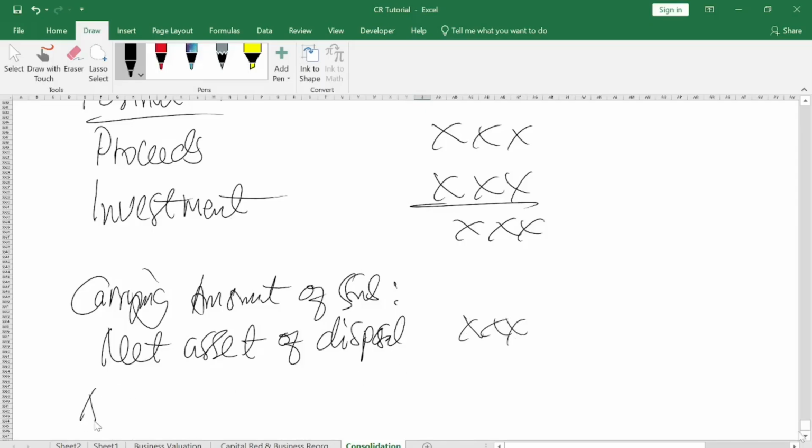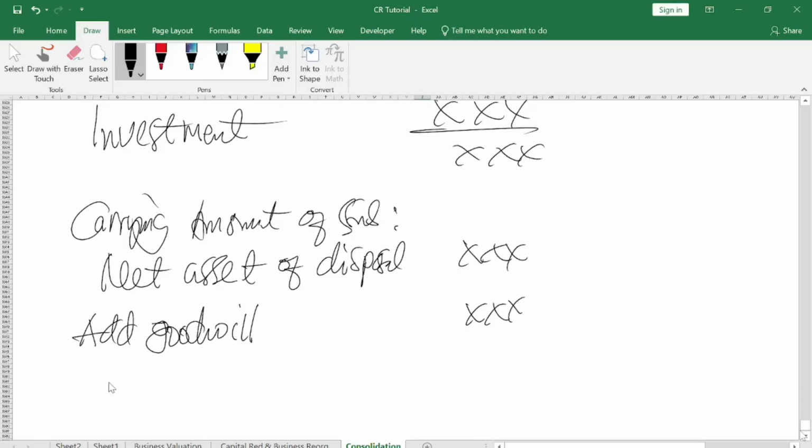Then you add unimpaired goodwill. If part of the goodwill is impaired, remove it first. Then you less NCI from this.